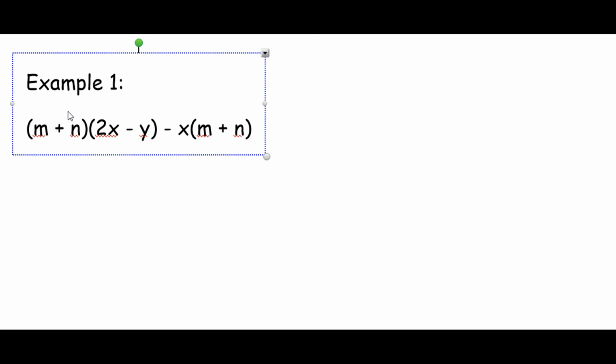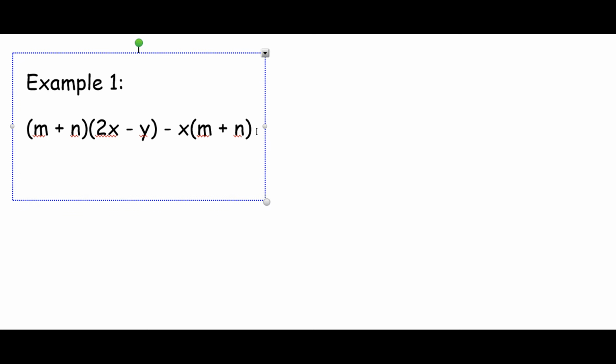Now this is what we factorize. If you notice in this problem, don't rush to expand. Just note if you can see some similarities before solving the problem. As you can see, I have m plus n in this bracket and I have m plus n in this bracket. So what should I do first? I'll pick it out as one.